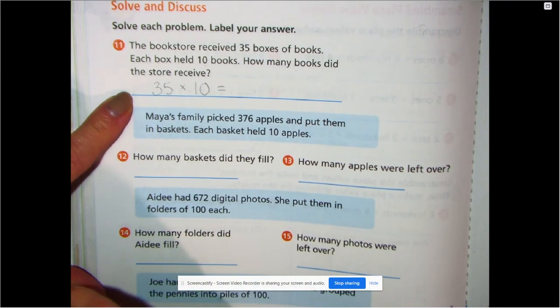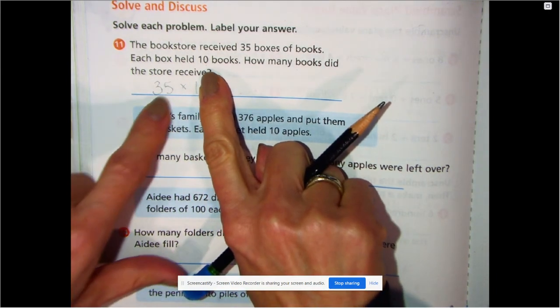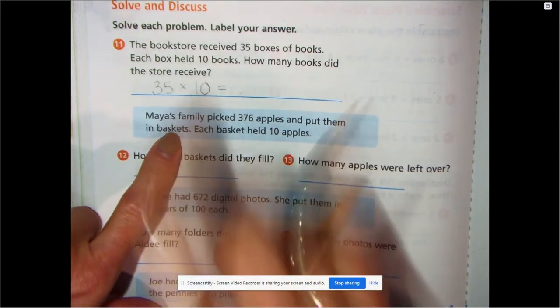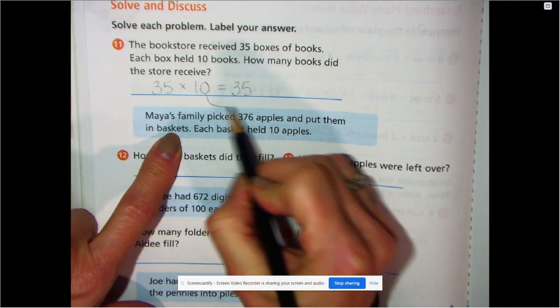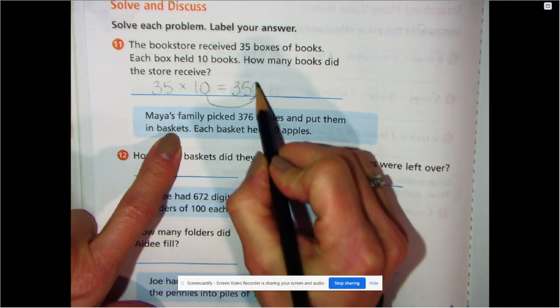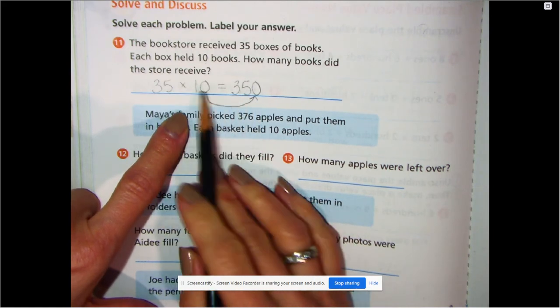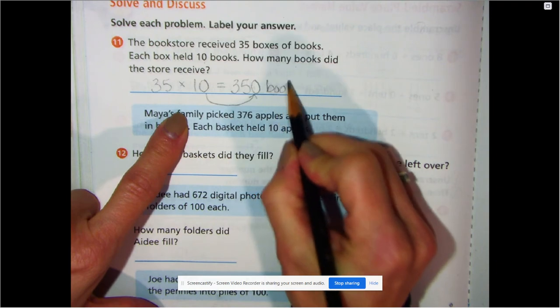So we learned we can cover up that 0 and then tell what we know. 35 times 1, right? 35 in one group is just 35. But then we have to tack that 0 back on the end, right? So that's how we would solve that problem using those multiples of 10. I'm going to put my label on there, which is books.